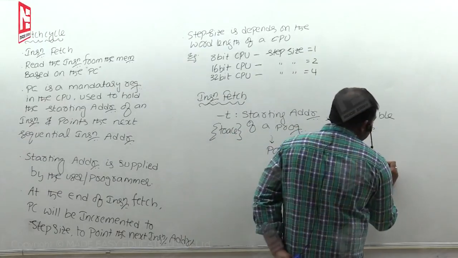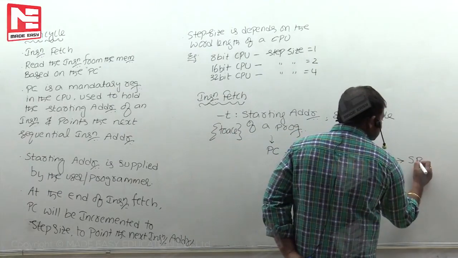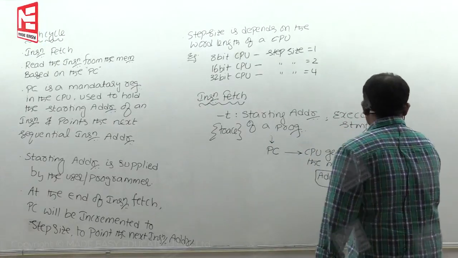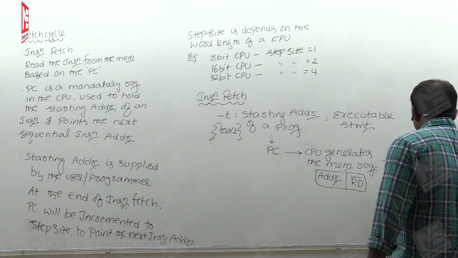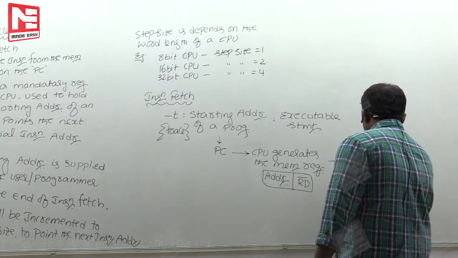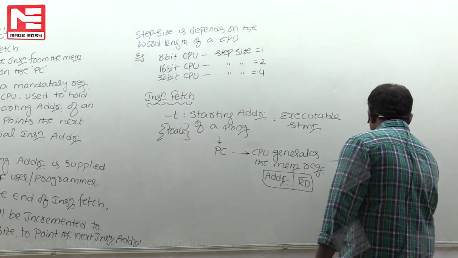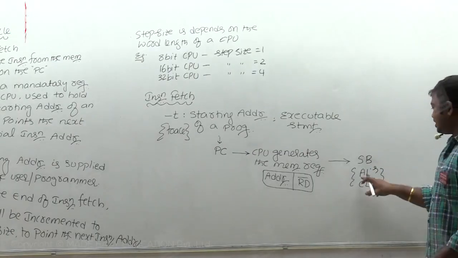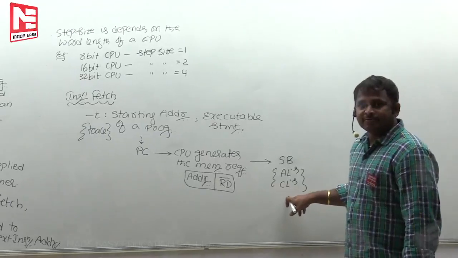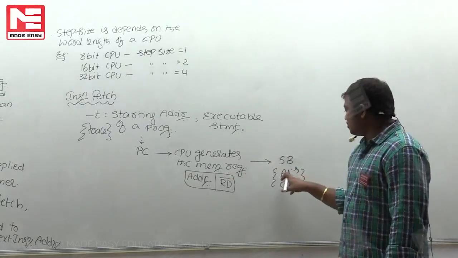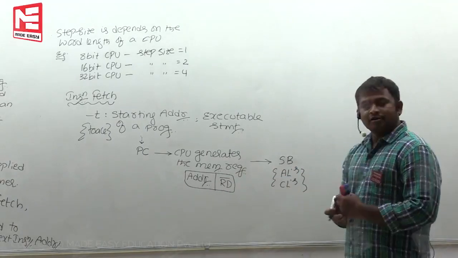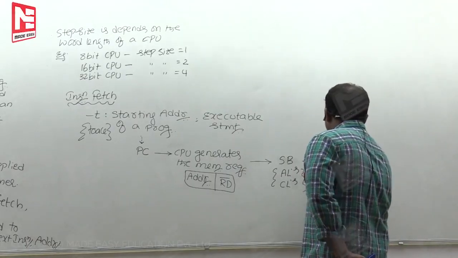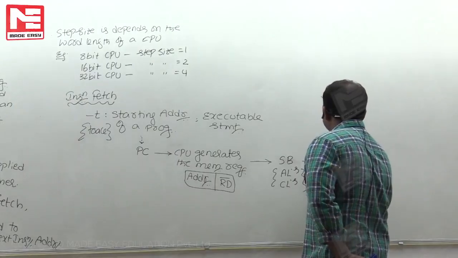Later, this address will be placed onto the system bus. Which lines? Address lines and control lines. SB stands for system bus. AL stands for address line. CL stands for control line. The address is placed onto the address lines. The control signal is placed onto the control lines. So, based on the address and control signal, the corresponding memory cell will be activated.